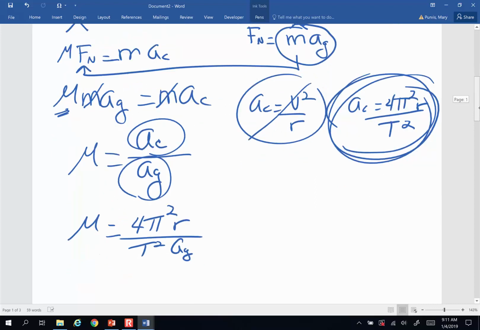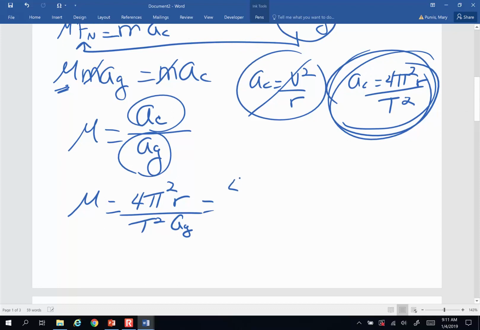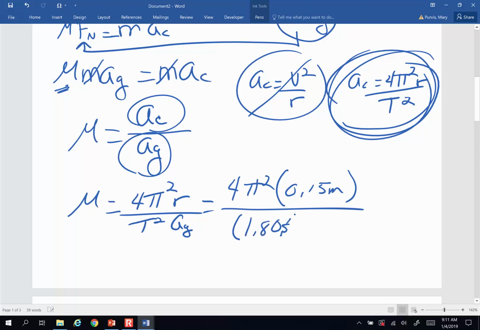Now let's throw our numbers in. 4 pi squared, radius of my circle is 0.15 meters. T, time to go around once, is 1.80 seconds. Got to square that. And then down here, acceleration of gravity, 9.8 meters per second squared. So my coefficient of friction when I do all of this, you know what?